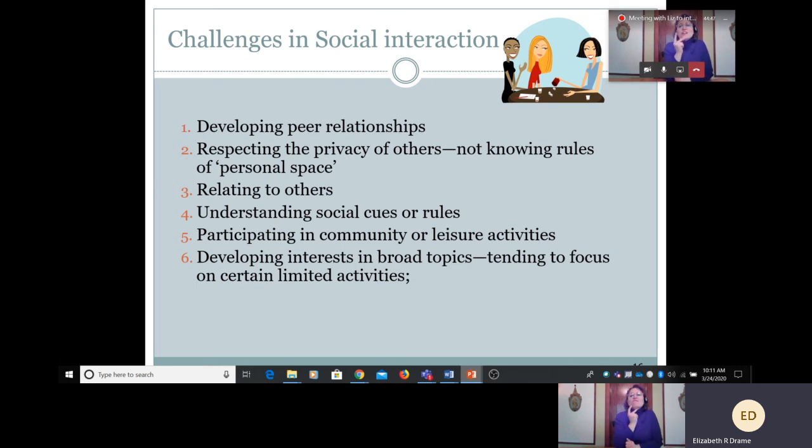It's through the social rules, through how you use your body, through what we understand about what's appropriate or not appropriate. Challenges with social interaction can also be related to restricted interests, because if you're always wanting to talk about one particular subject and nothing else, that can pose difficulties in developing solid relationships with others.